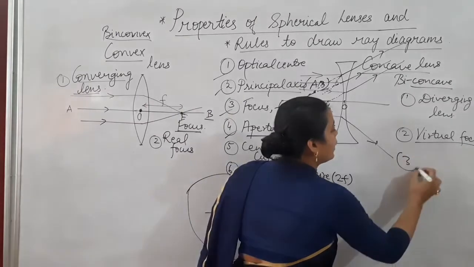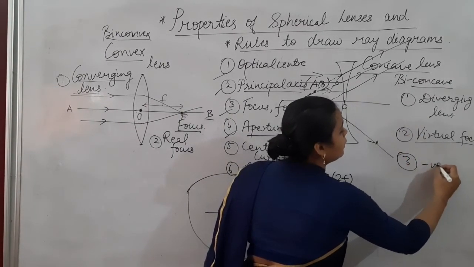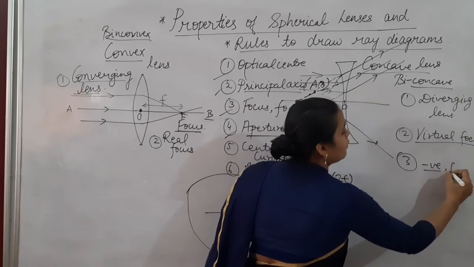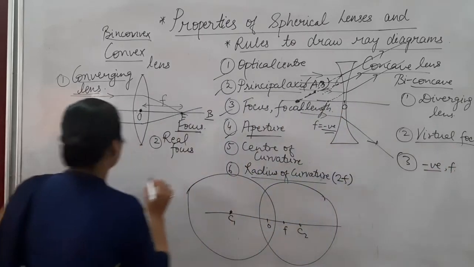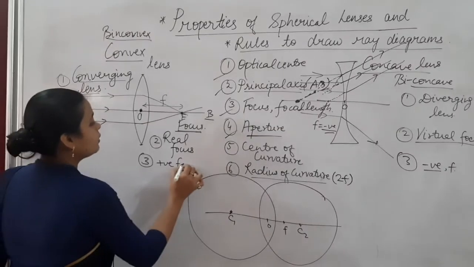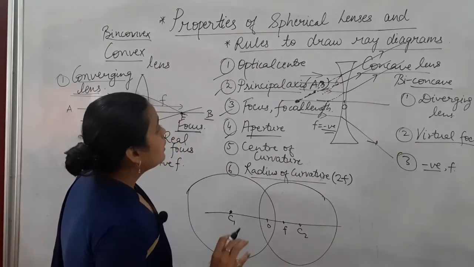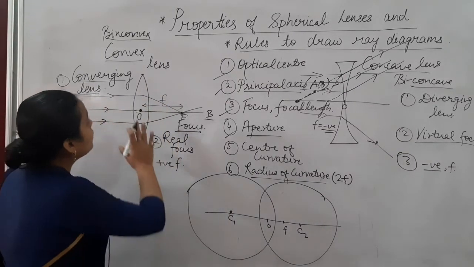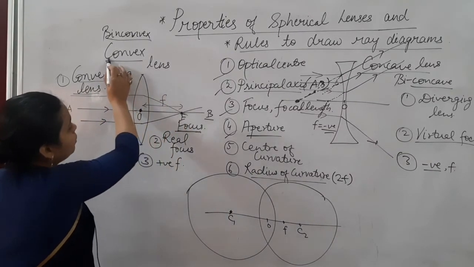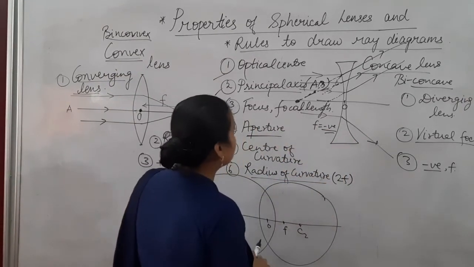So third property you can write down here, that focal length of concave lens is negative, means negative f, while convex lens has positive f. These are the various properties of both the lenses, means both types of spherical lens. First one is convex lens and second one is concave lens.